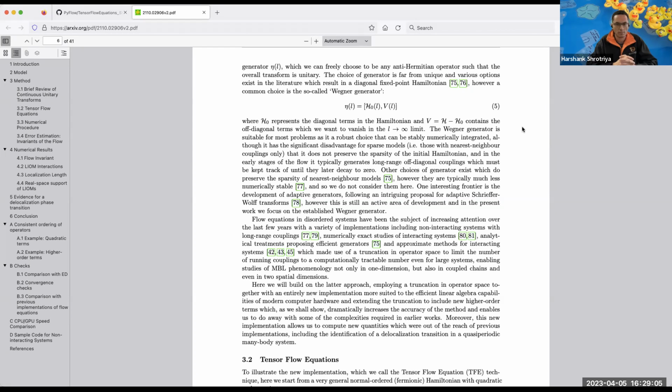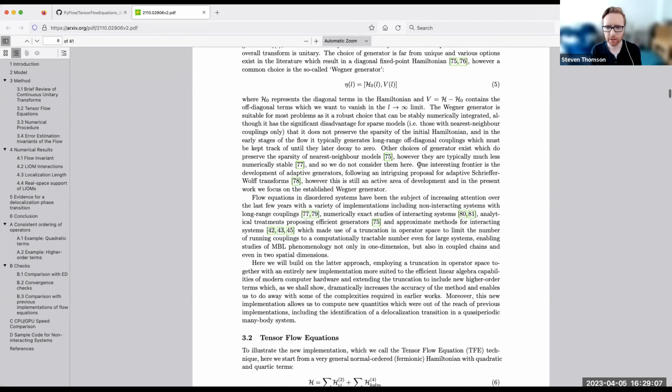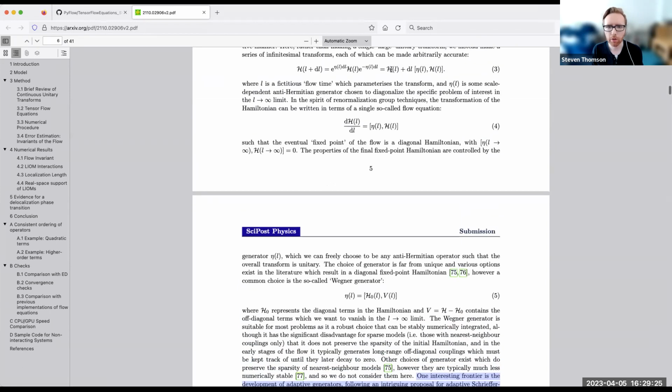Okay, cool. Thank you. Yeah, it's actually kind of related to something that I wrote here. There was a work a few years ago on adaptive Schrieffer-Wolff transforms, which was a way of adding in the neglected high order terms from Schrieffer-Wolff only when they're required, only when they're useful. You could play the same game here if you wanted to. For example, I write the flow equation like this in equation 3 as if it's exact, but obviously numerically dl is not infinitesimal, it's just some small number.